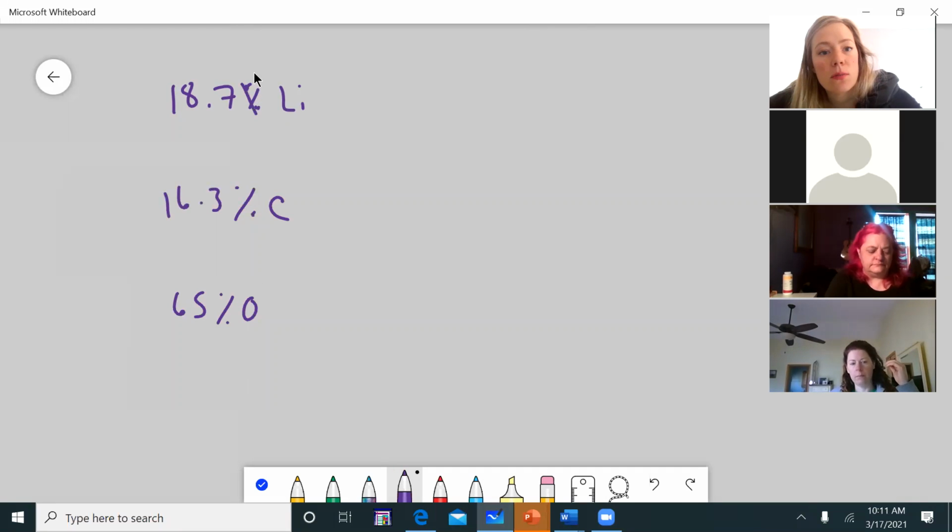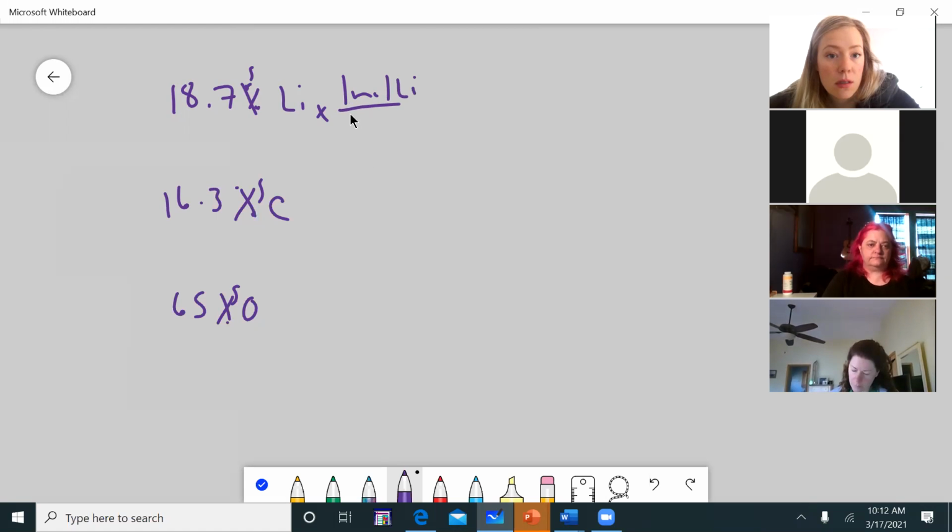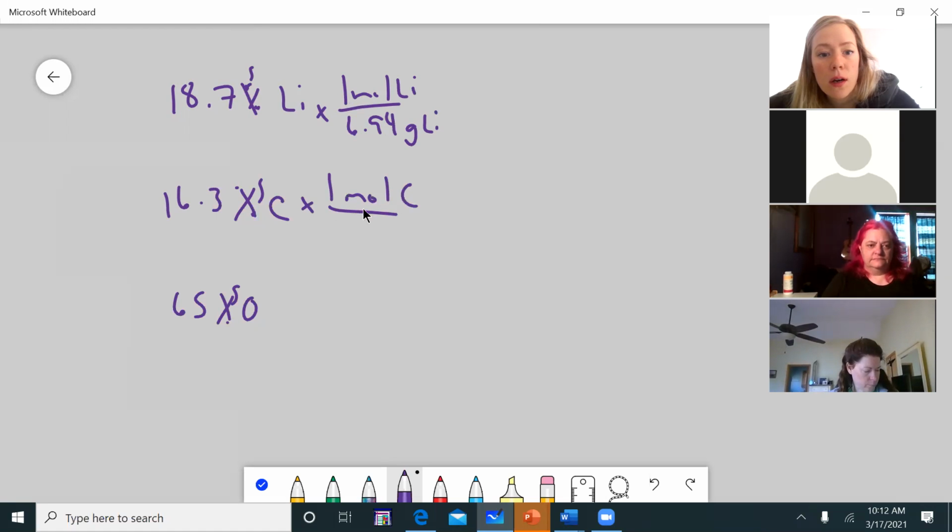So just assume that this is grams for all these. 1 mole of lithium is 6.94 grams. 1 mole of carbon, 12.01 grams of carbon. And 1 mole of oxygen, 16 grams of oxygen.